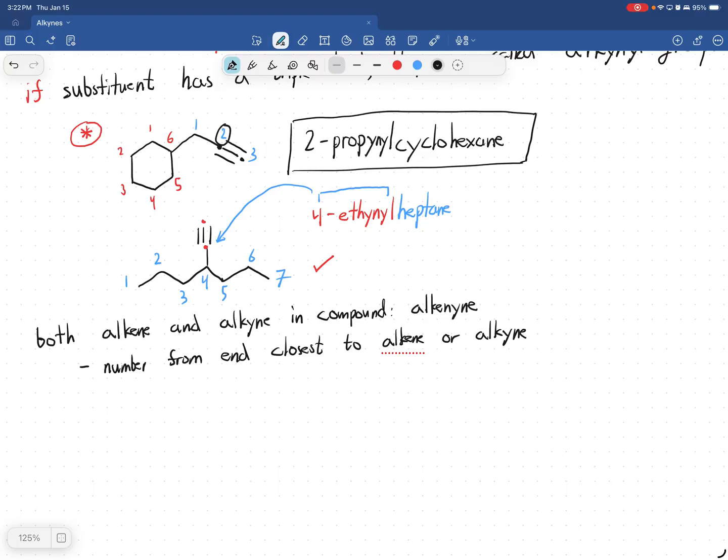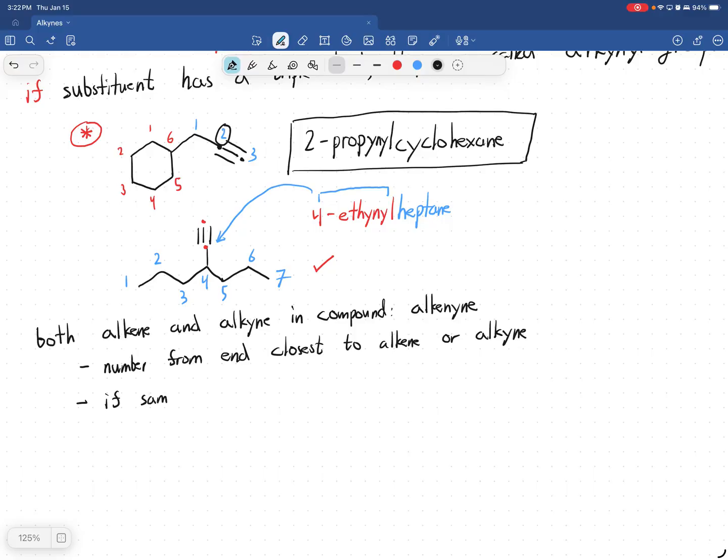Now, can we think of a situation where this might be a problem? What if they were both equally distant from the end, if they have the same number from either end?